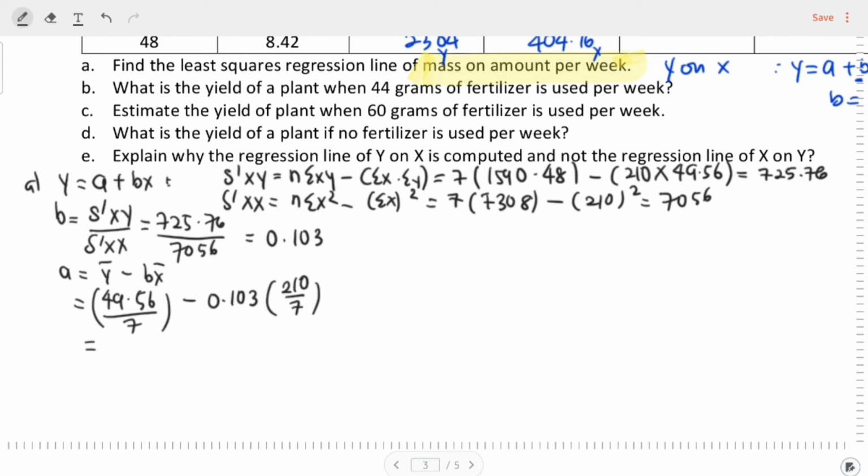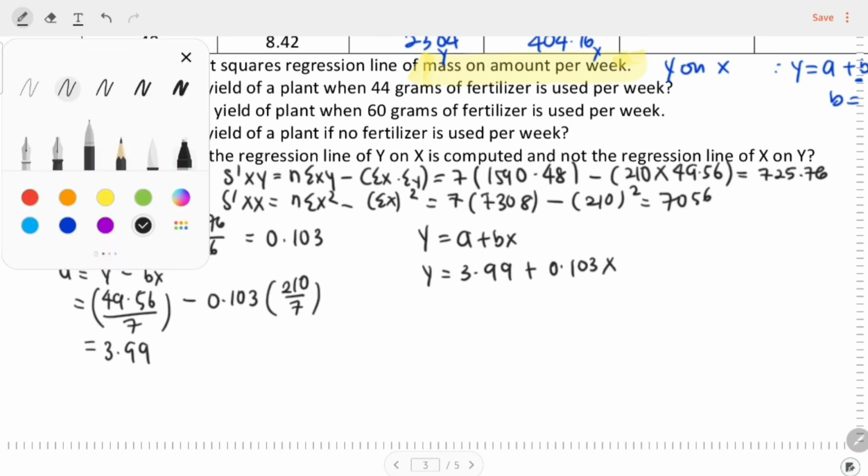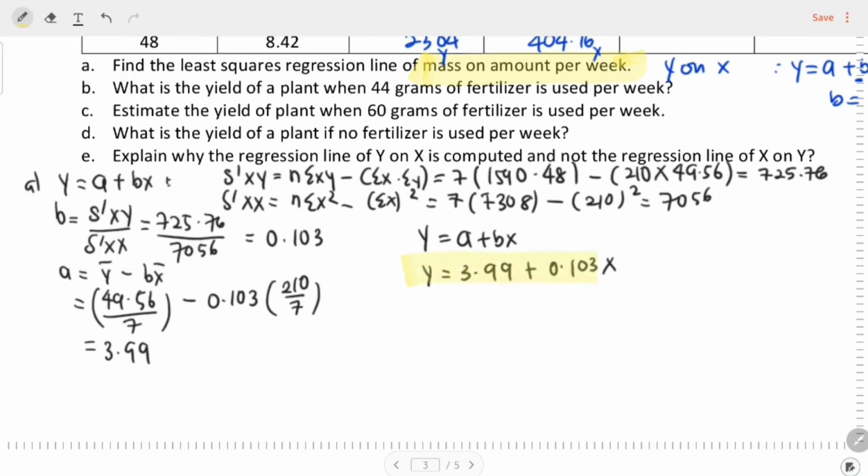So your a, I got as 3.99, a positive number. Let's write down the equation: y equals a plus bx, so a is 3.99 plus b, which is 0.103x. That is the regression line of mass on amount per week.